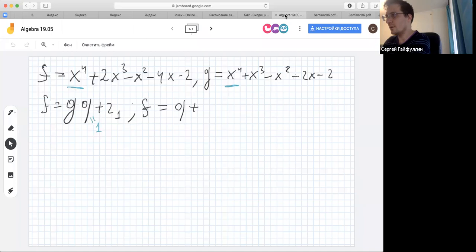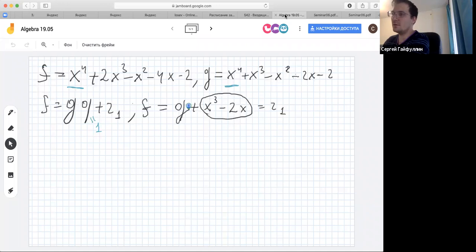This equals x to the third, there is no x squared, minus 2x, and so that's all. So this is R1. Then I need to, this is g, I'm sorry.